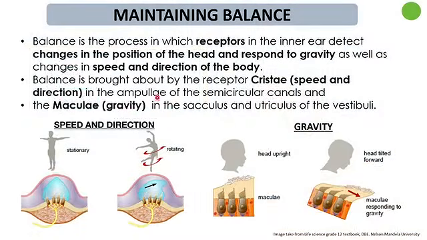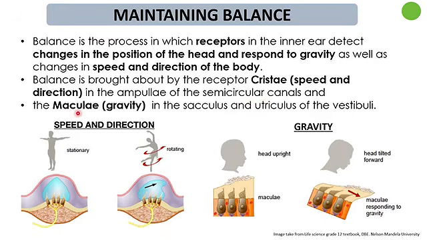Right, on the slides, let me quickly recap. So balance is brought about by the receptor, the crista, and that tells me about speed and direction, and that's in the semicircular channel.